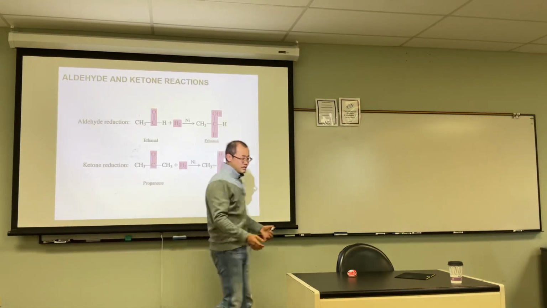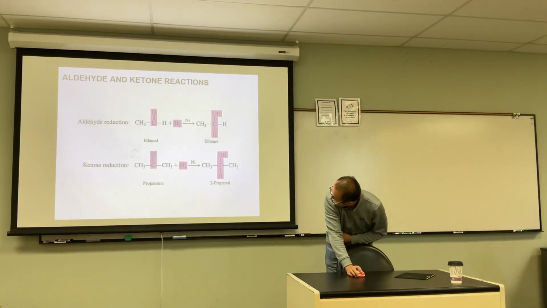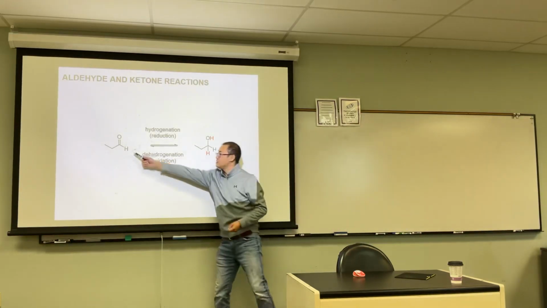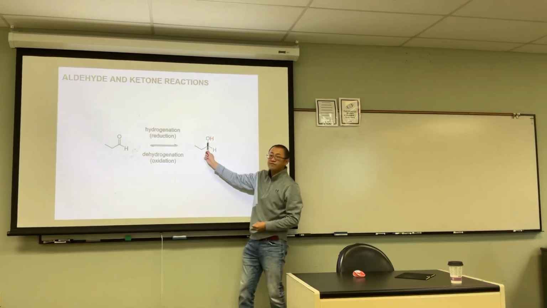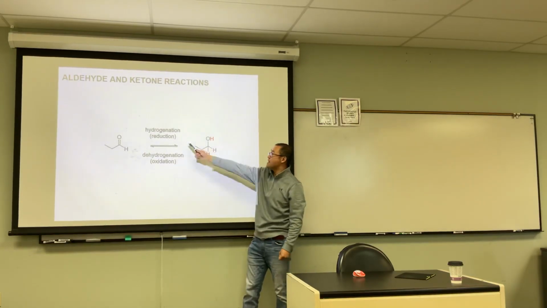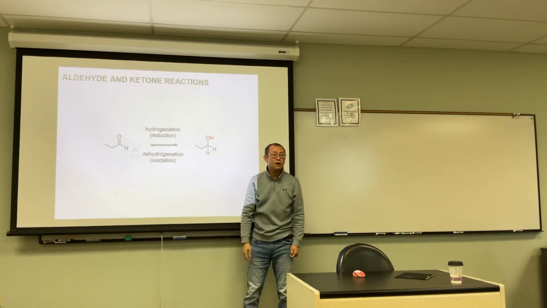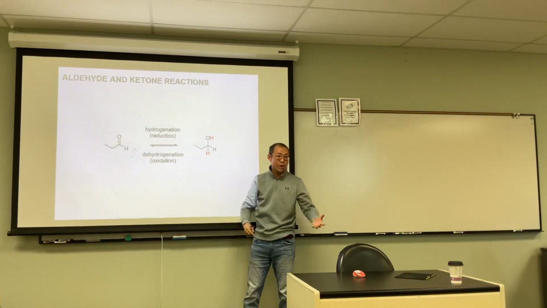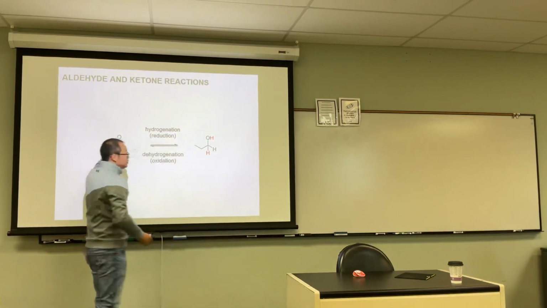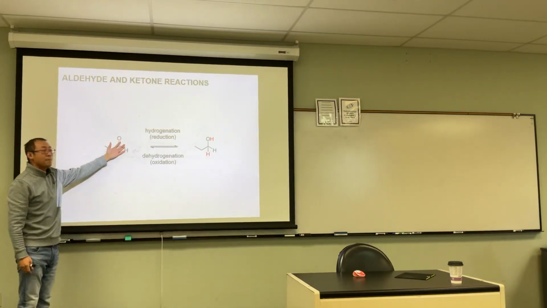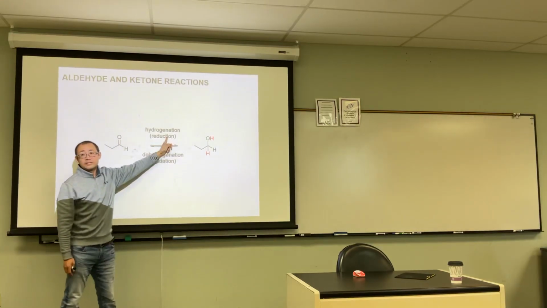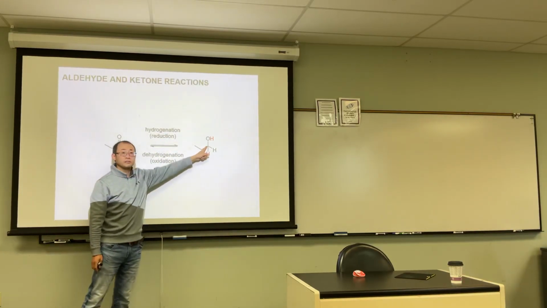So that's hydrogenation. And this is the reverse reaction of what we learned from chapter 3. Dehydrogenation or oxidation. Okay, oxidation. So you can see two ways. If you break the double bond, add hydrogen, we call the process what? Reduction, because you're adding CH bond.